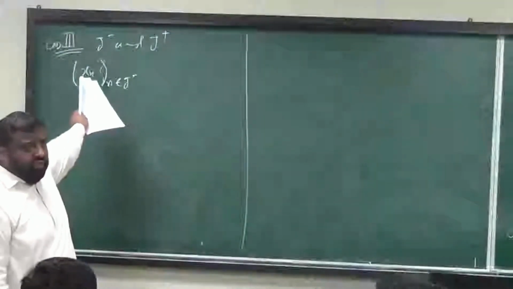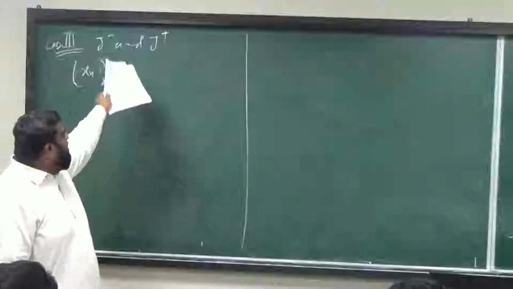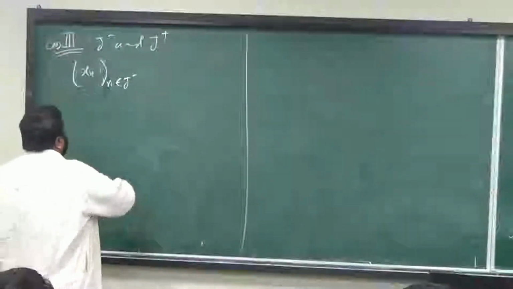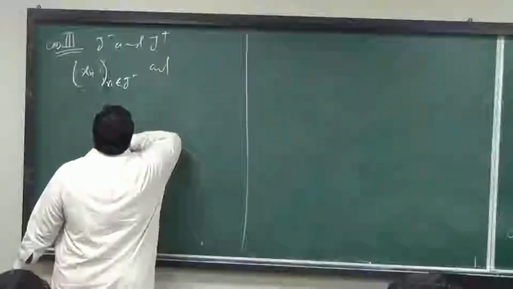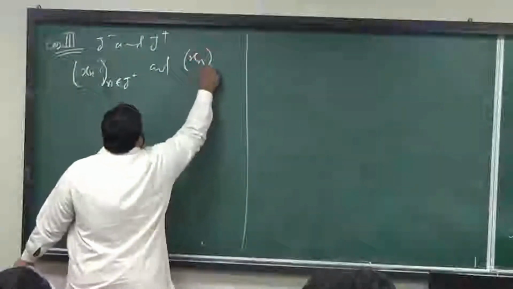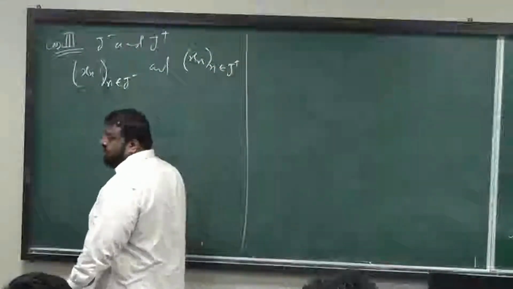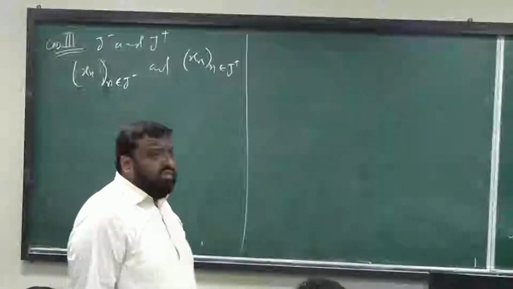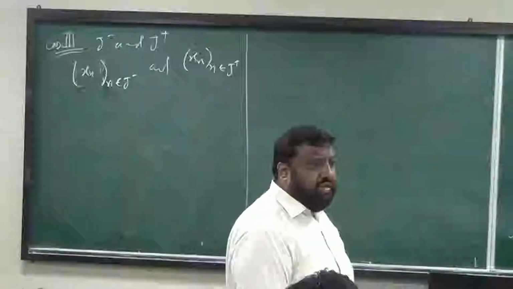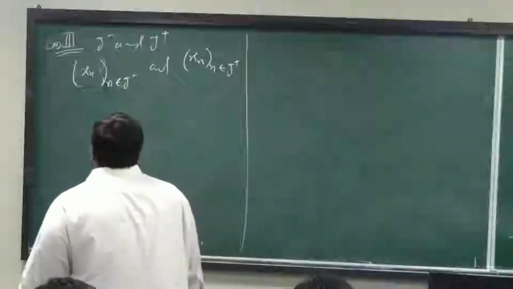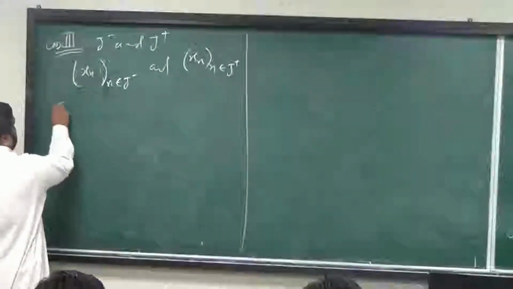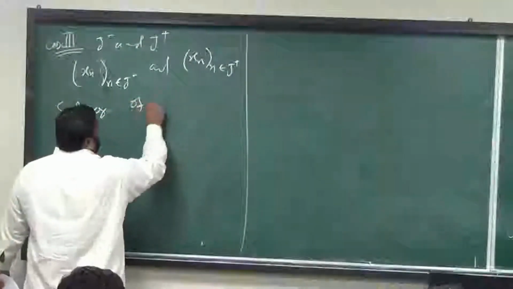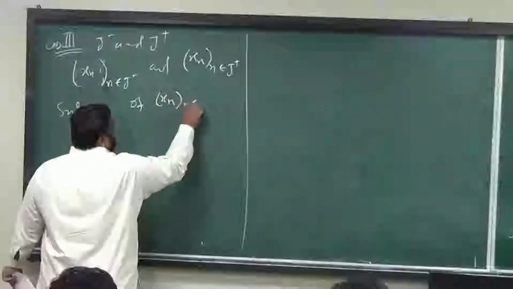So this is a collection of all those terms in this sequence x_n which are on the left of a, and x_n such that n belongs to J plus, so it's a sequence of all those terms which are on the right of a. Now these two are subsequences of x_n where n is anything.